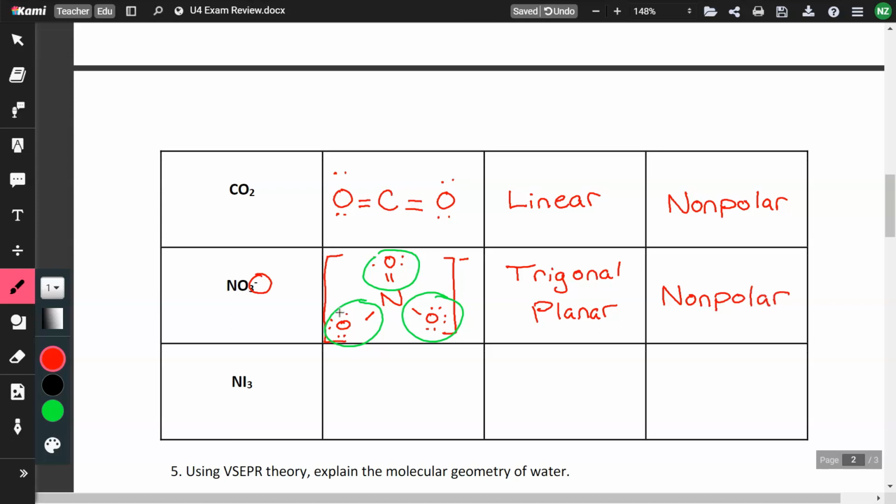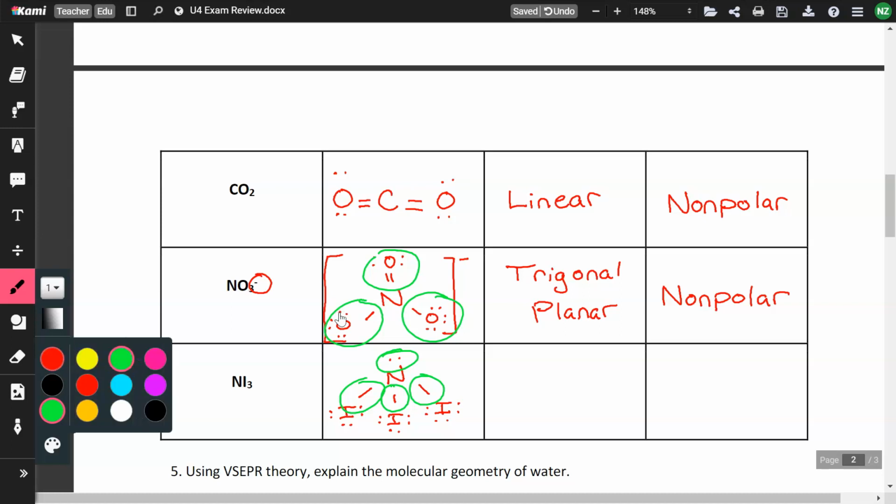Okay, on our last one here, nitrogen's going to end up in the middle. Iodine, iodine, iodine. Let's throw our electrons around. We have 2 extra left, so those are going to go on the nitrogen here. So we have 1, 2, 3, 4 electron zones or electron regions on the central atom.